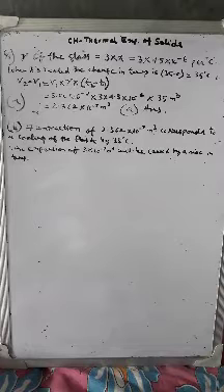Why, students? Let me explain all this step. Why are we writing this? See the two volumes' values. In the first part of the statement, what has been written? A flask of volume 5.00 into 10 to the power minus 4 meter cube is made of glass having alpha's value so much. And what has been given in part B's question? You have to find out the temperature at which its capacity is 5.003 into 10 to the power minus 4 meter cube.